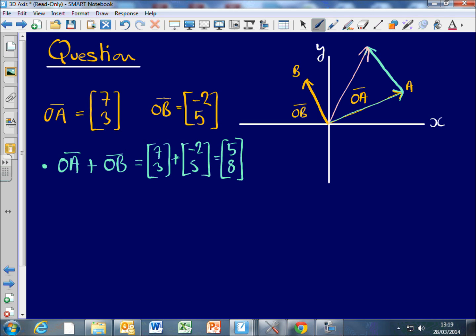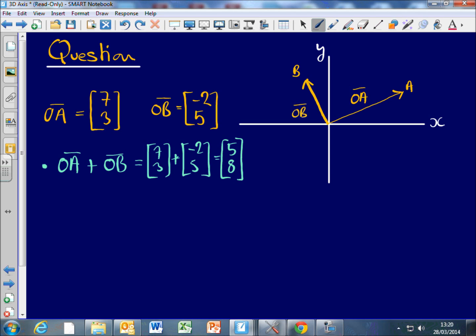It says you go 5 across and 8 up, and it should be the equivalent thing. Can you all see that? Okay, good. I'm just going to clear that off so we can do some more questions on the same thing.